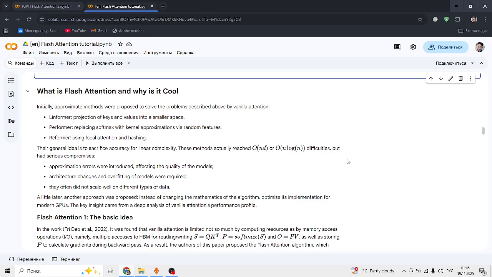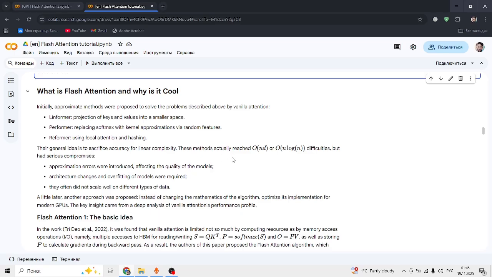Their general idea is the same: we need to sacrifice accuracy to get linear complexity. These methods can reach O(nd) and O(n log n) complexity, but it has serious compromises. Approximation errors were introduced, and it affects the quality of the models.